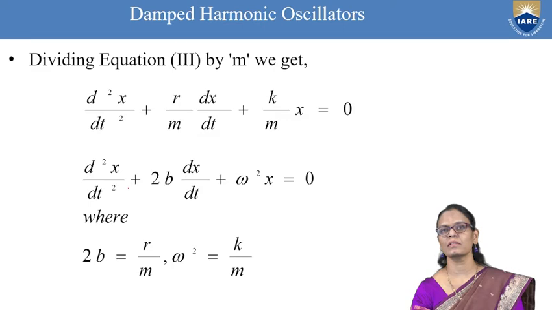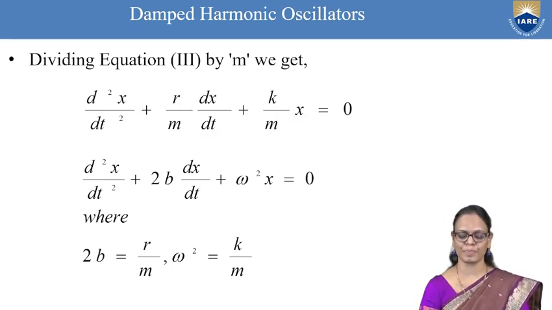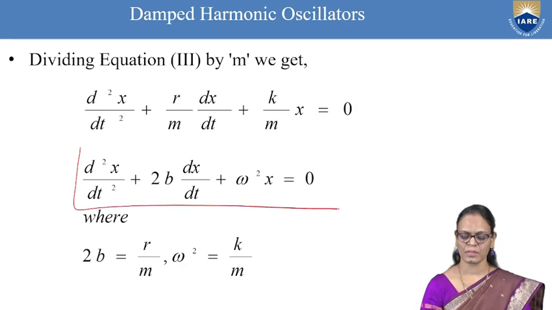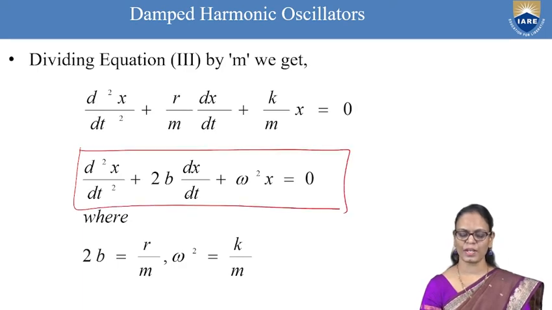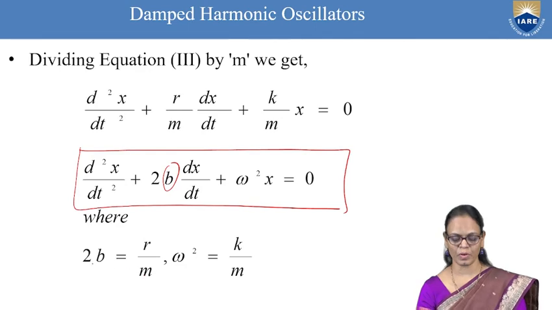Now we will discuss the conditions. The final expression we write is: d square x by dt square plus 2b dx by dt plus omega square x equals 0. B represents gamma by 2m, or 2b is equal to gamma by m, and omega square is equal to K upon M.